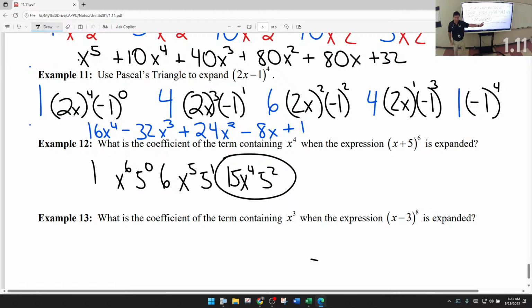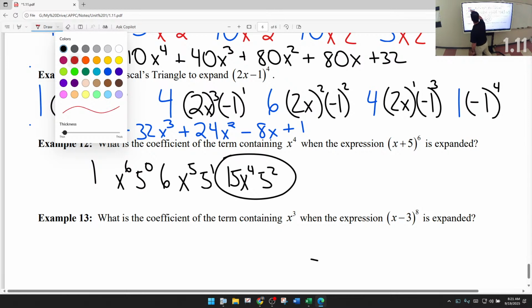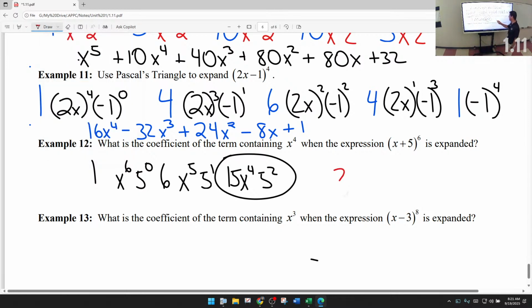Well, it's not 15 because you got a 25 that goes with it. So you got 25 and 15. I don't know what that is. 375. Thank you. So it's 375. And that's all they want, guys. They just want the coefficient.